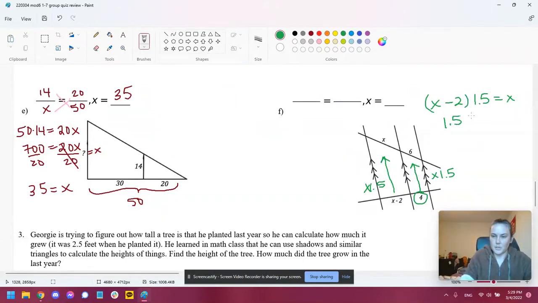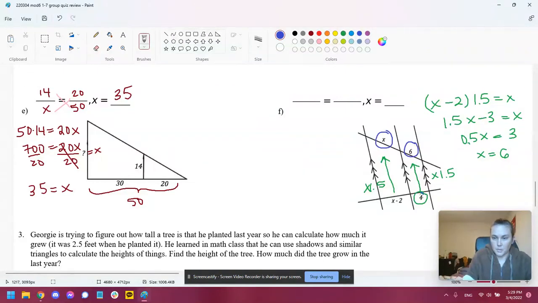Of course, we're allowed to do it. We could add 3 to both sides, subtract x from both sides, divide by 0.5. I don't even know if that's true. Maybe it is. Let's check over here.